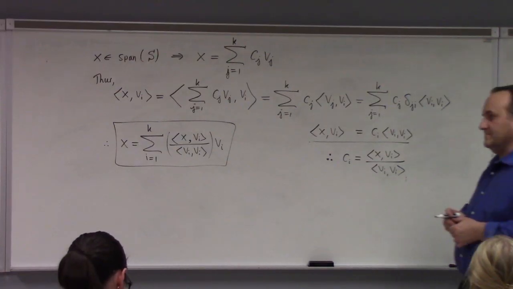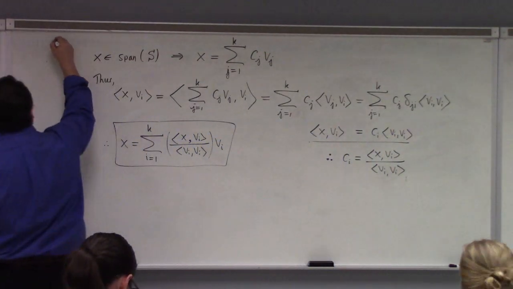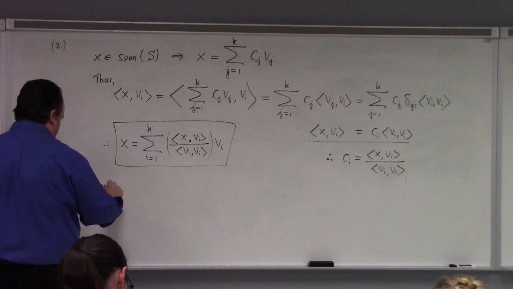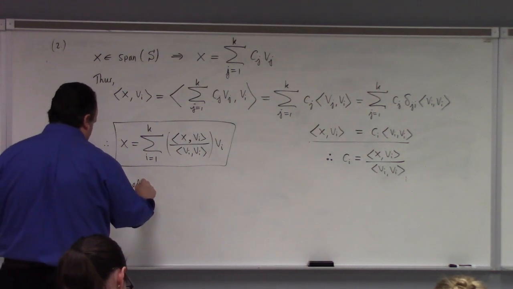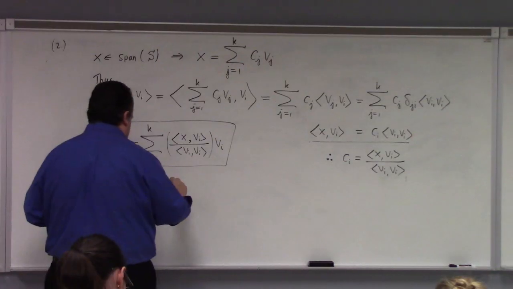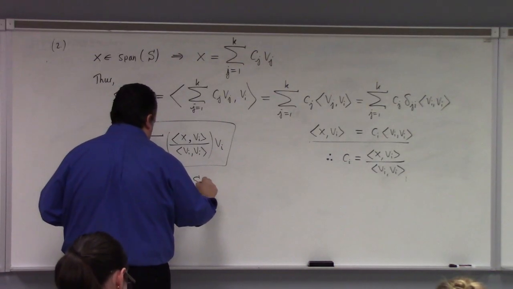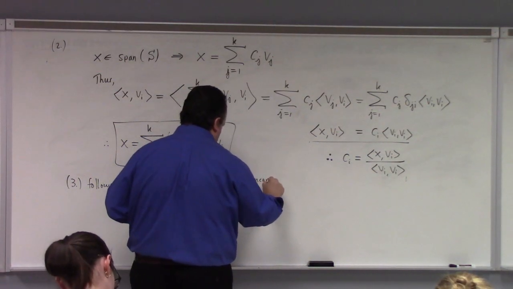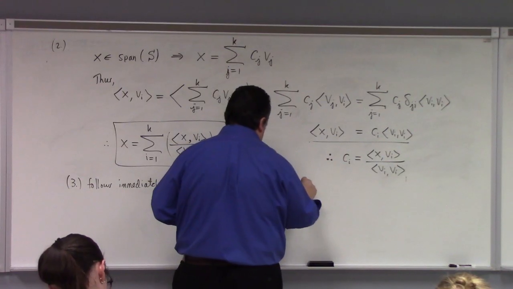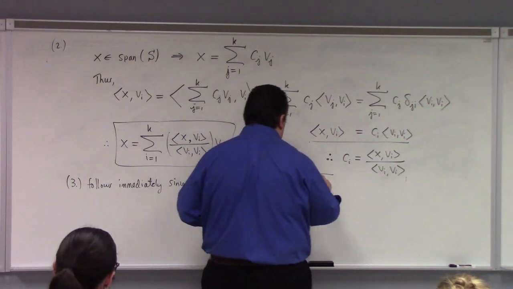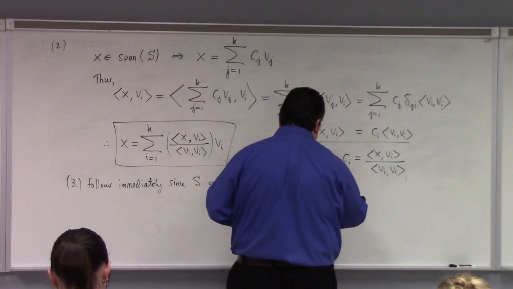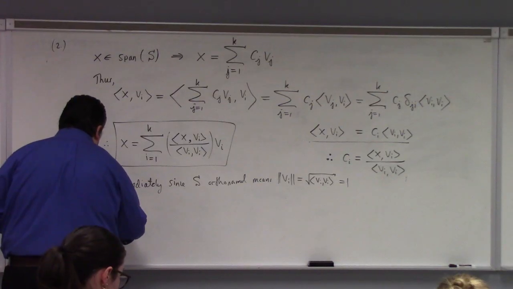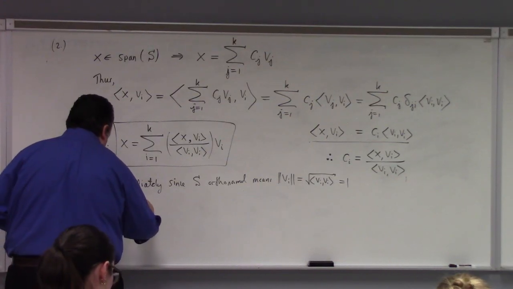How do we prove 3? Three follows immediately, since S orthonormal means the length of vi, which is equal to the square root of vi with vi, is equal to 1 for all i, 1 through k.